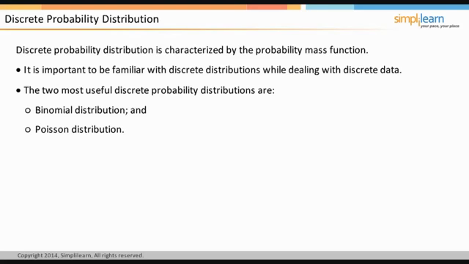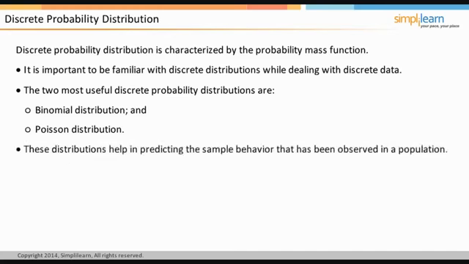We will focus only on the two most useful discrete distributions: binomial distribution and Poisson distribution. Like most probability distributions, these distributions also help in predicting the sample behavior that has been observed in a population.